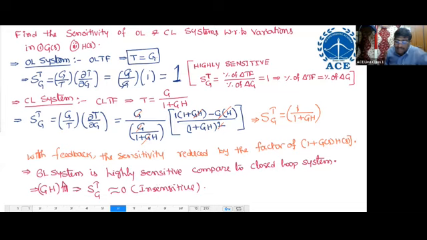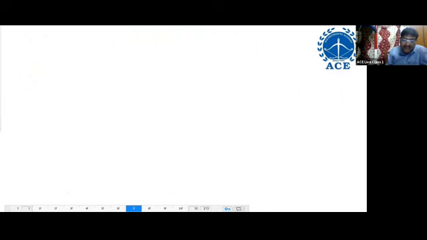So that means the closed loop system has an advantage as compared to the open loop system. We don't want sensitivity, it should be insensitive. The open loop system is only more sensitive. Next, find STH.